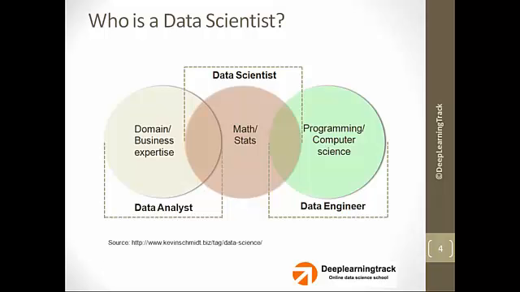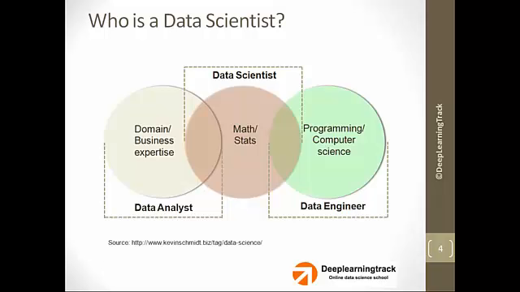There is obviously math and stat skill, because a lot of the algorithms require a knowledge of statistics or linear algebra. Along with that, programming and computer science is definitely another core skill. And there is also domain and business expertise.